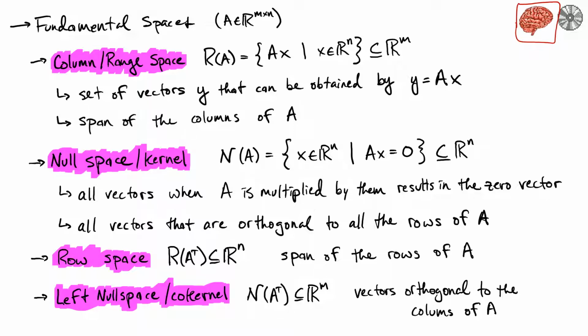The two that are worth mentioning here are the column or range space, and this is just the set of all vectors that can be found by multiplying a vector by A. So in some cases, A has some singularity in which some vectors y, where y is equal to Ax, are not actually able to be written as a multiplication of a vector x.